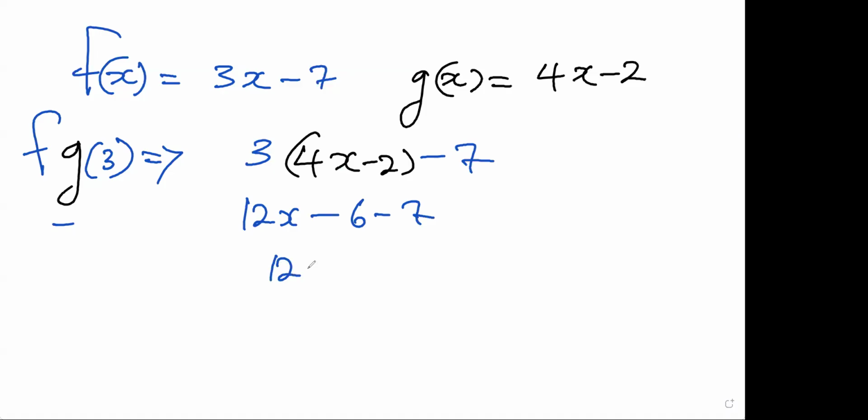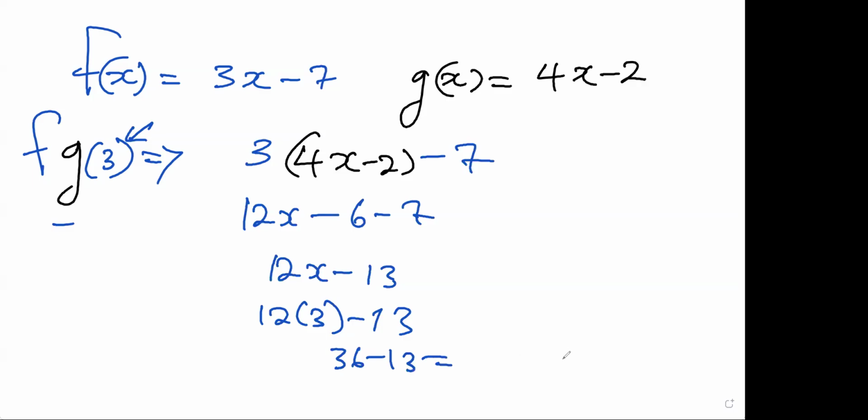So that's 12x minus 13. So now we're going to plug in 3. Alright, so 12 times 3. Yeah, good job. So it's 36 minus 13. So 3 minus 1, 3 minus 2. So 23. Yeah, man, good job.